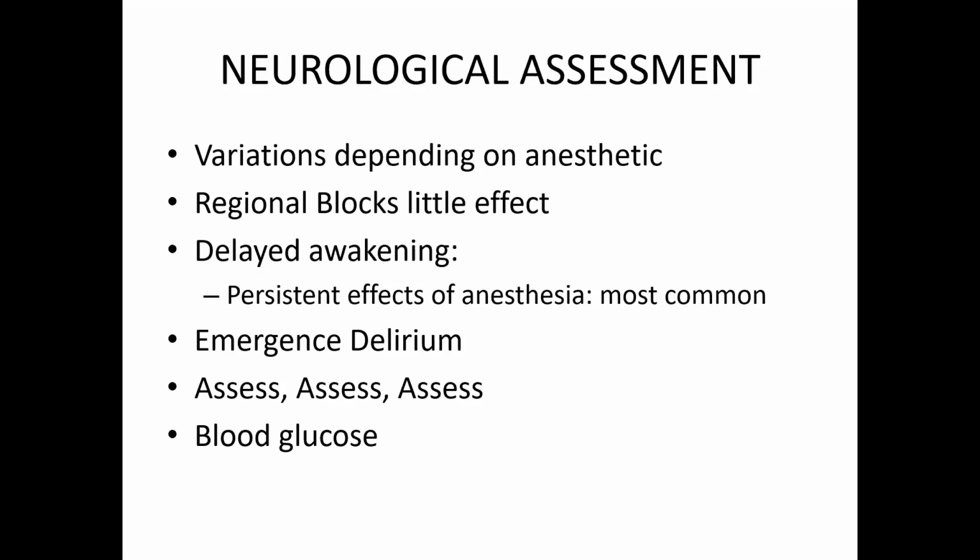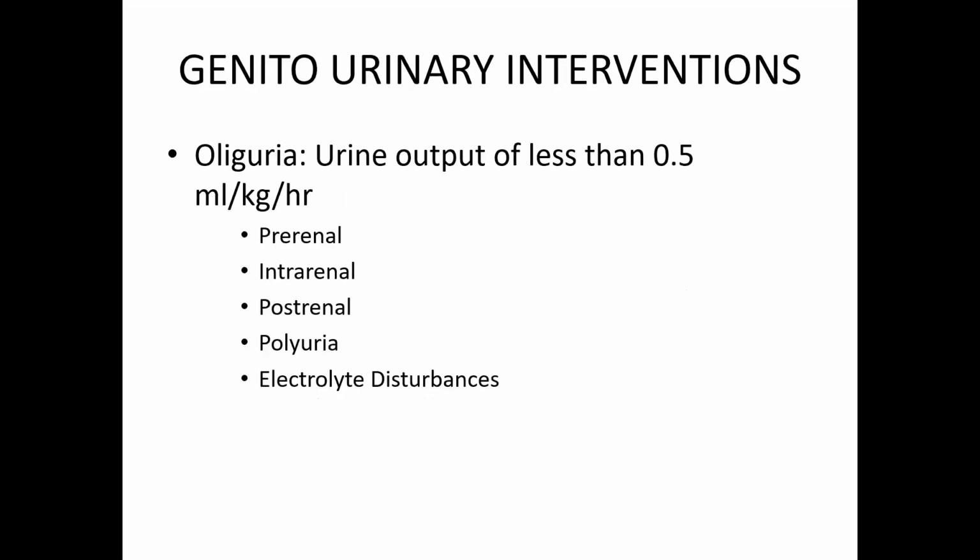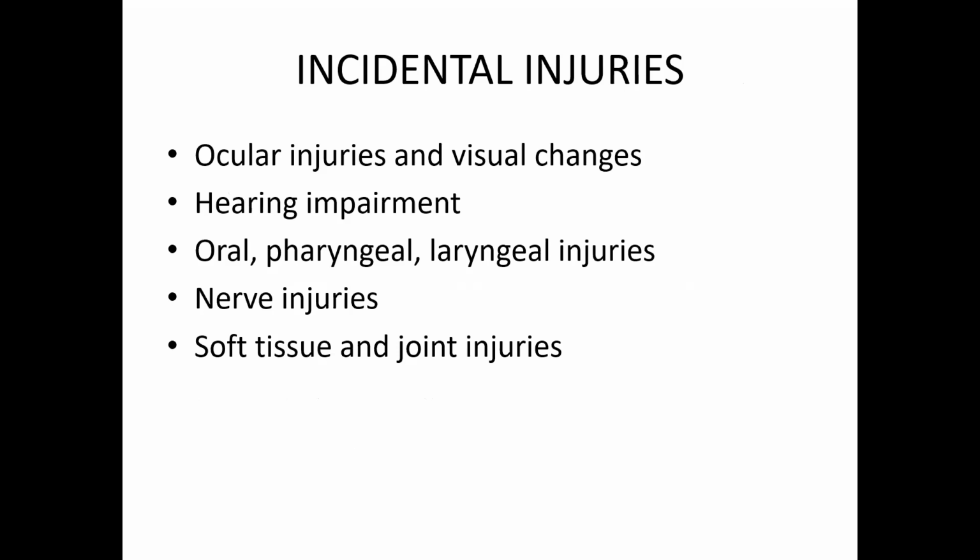So if a patient has a neurological issue, sometimes like if it's a pediatric patient, we actually always give them glucose to solve this. I've already talked about oliguria. So the cause may be because of the operation, and that would be postrenal or prerenal, because maybe they did not get enough hydration, or intrarenal, depending on what the cause is. But you can assess this by assessing the urine output.